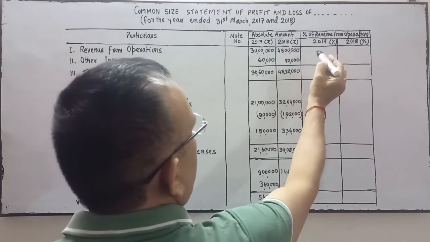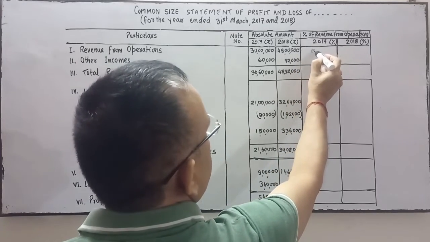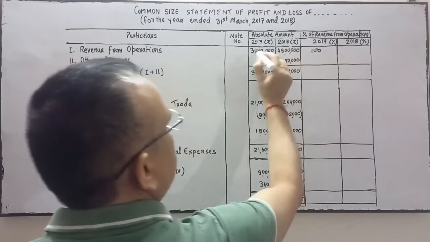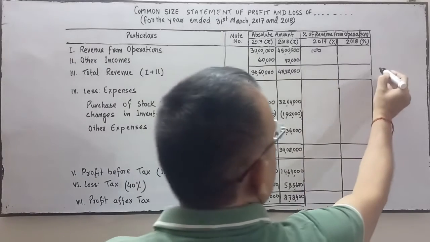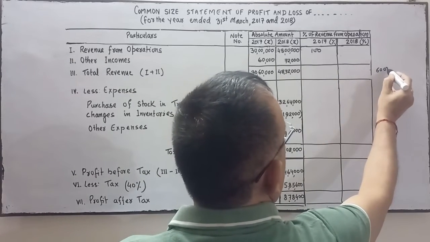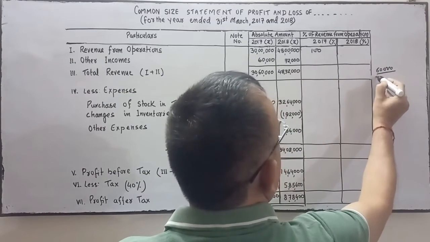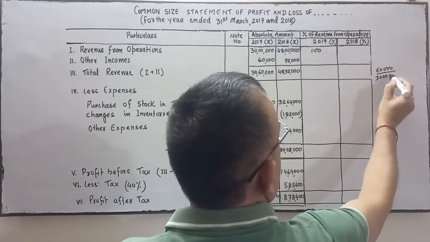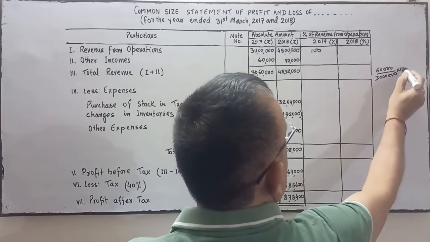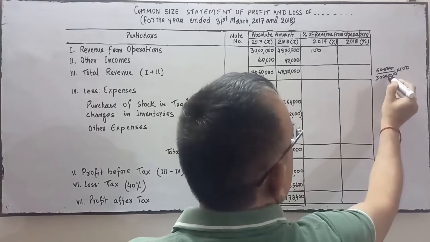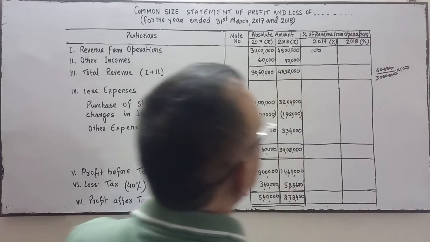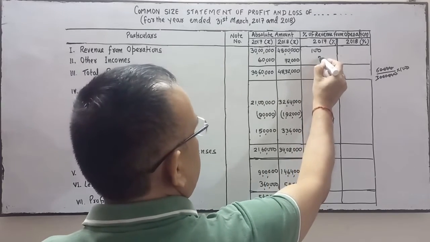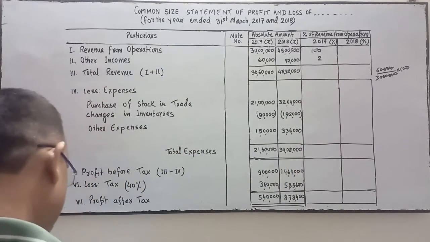Percentage of revenue from operation will be taken as 100. Start with 2017. Other income is 60,000 upon revenue from operation 30 lakhs into 100, so it is 2%.